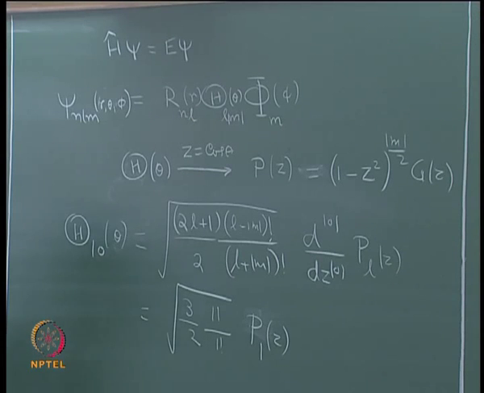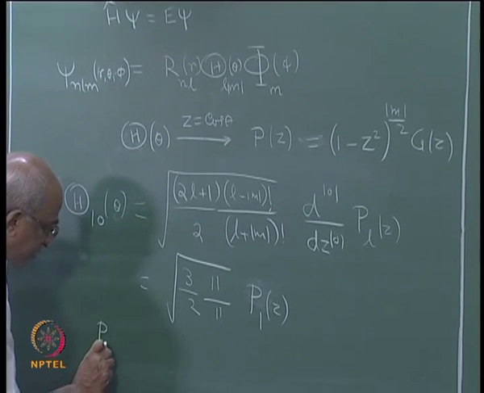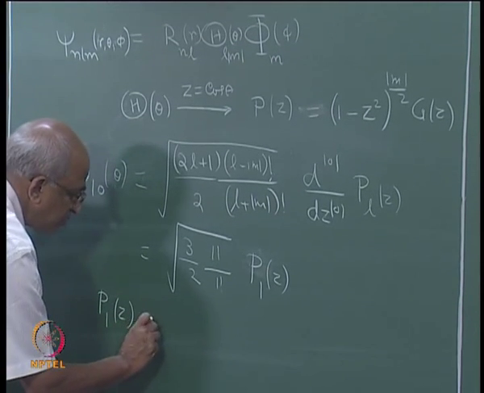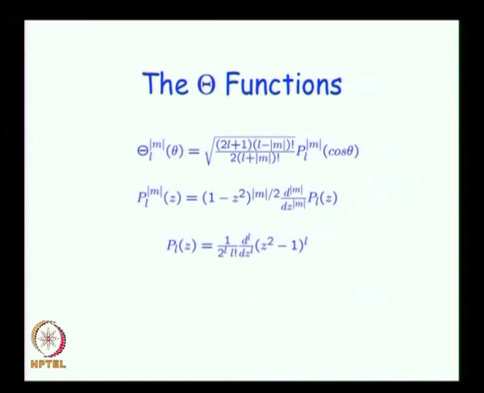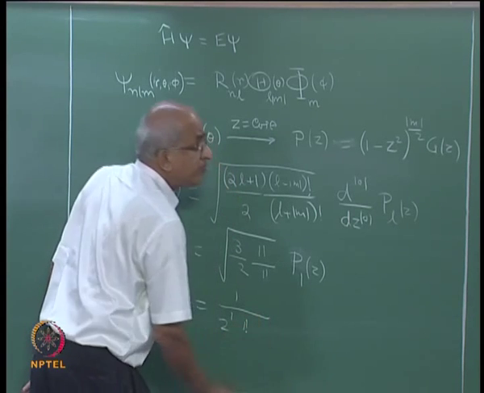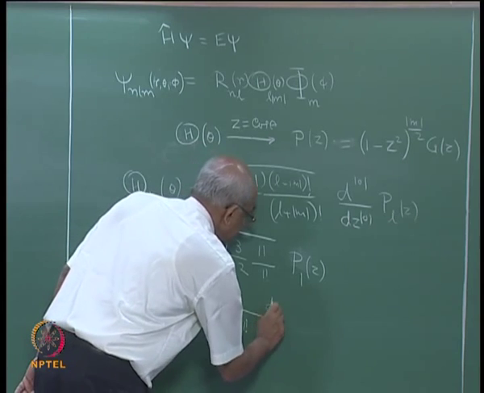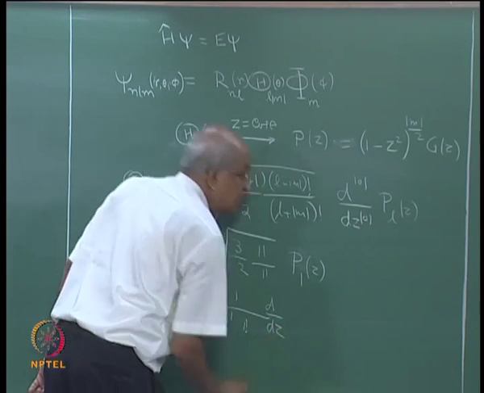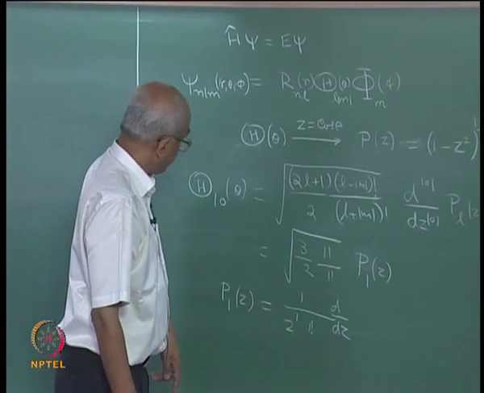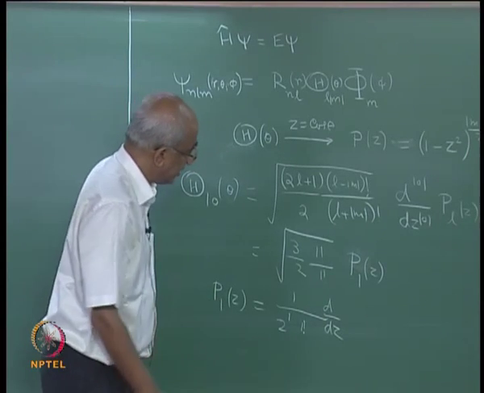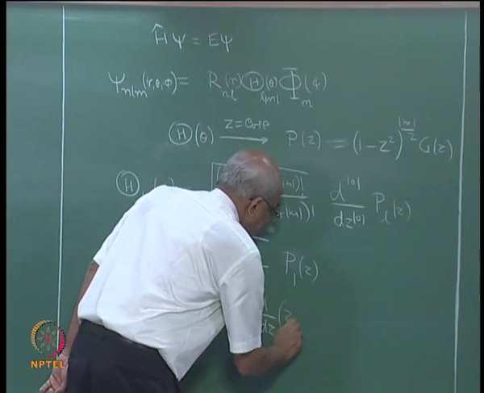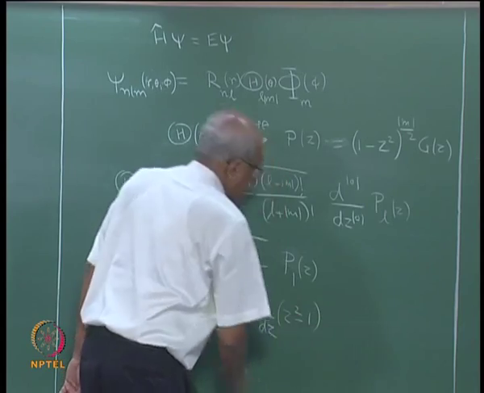And what is P1 of z? That is defined there. P1 of z according to the last line would be given by 1 by 2 to the power of 1 factorial, d by dz, to the power of L, but I have put L equal to 1, operating upon z square minus 1.